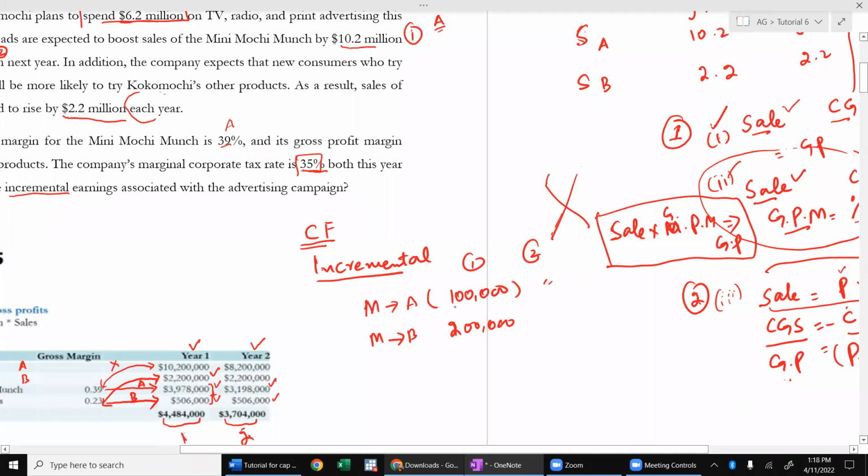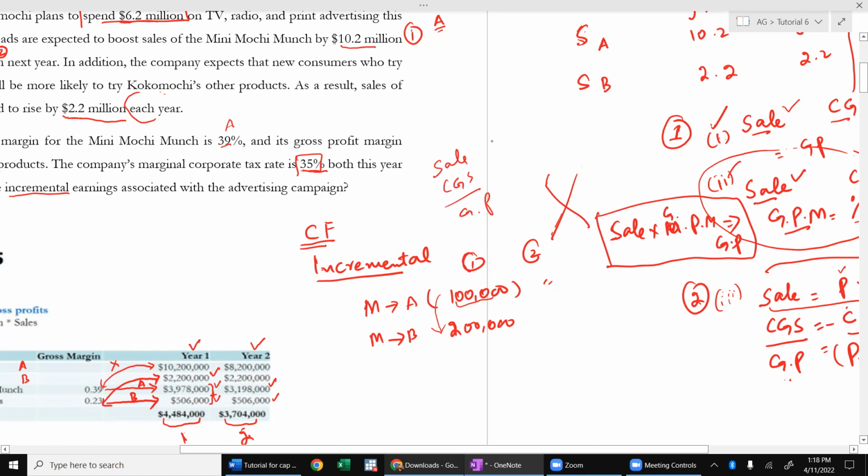Please hear me very carefully. When you had machine A, the quantity sold was 100,000. If you bring a new machine, the capacity is higher and you can produce 200,000 units.